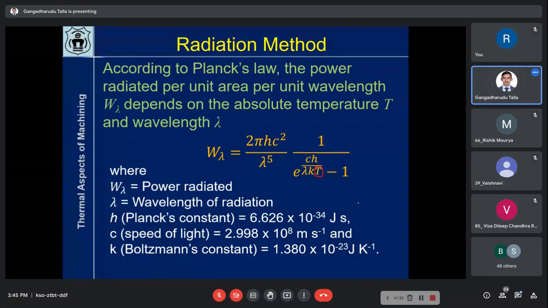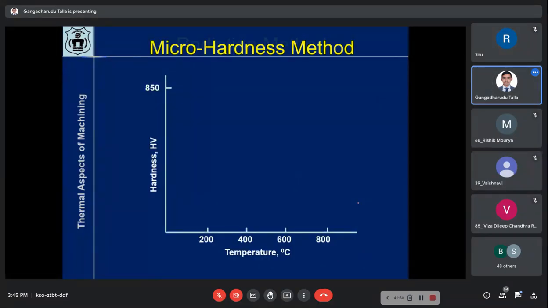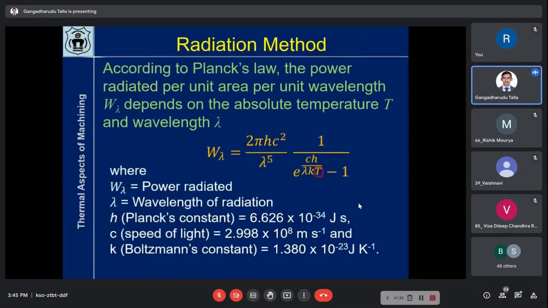So this is one method. You know all other things except T. Using this, you find out T. But you have to measure this radiated power.